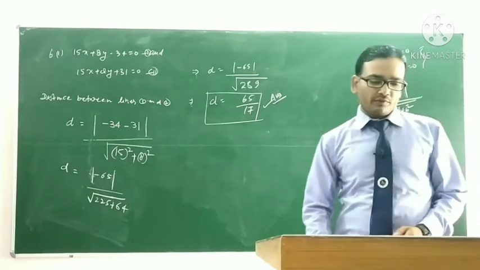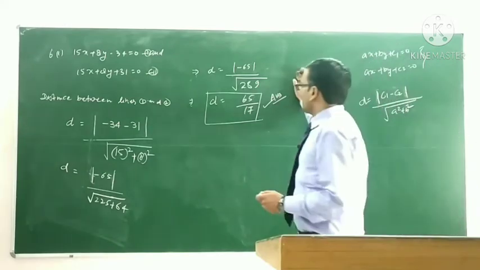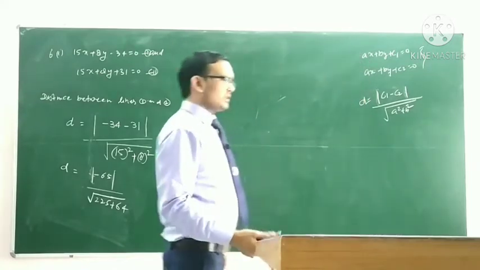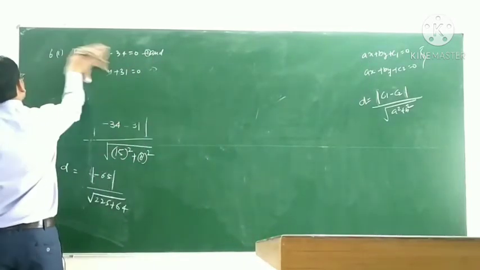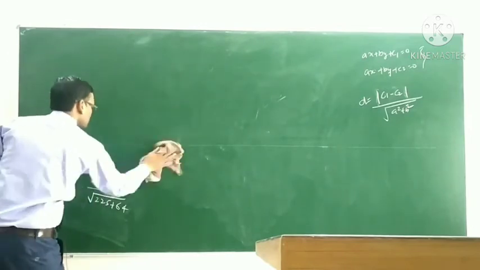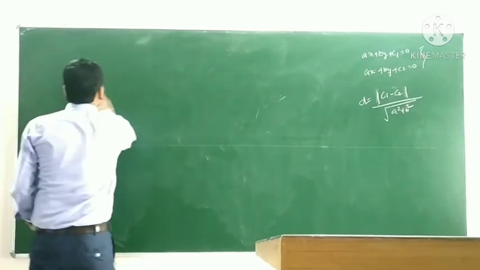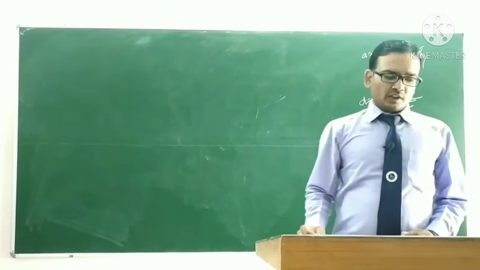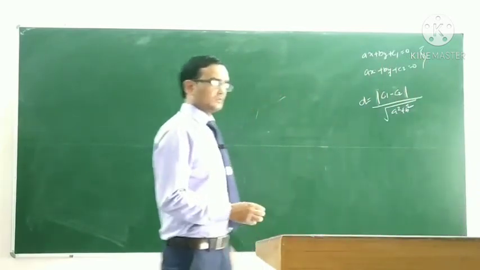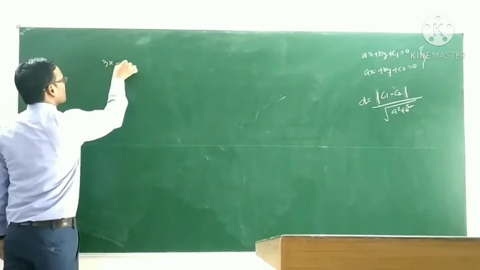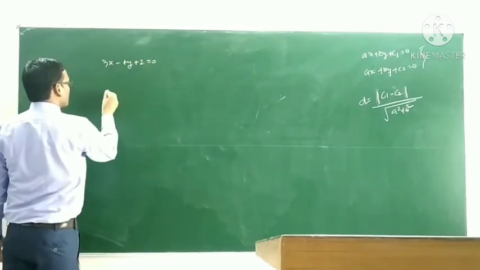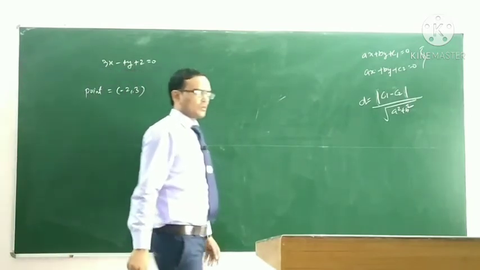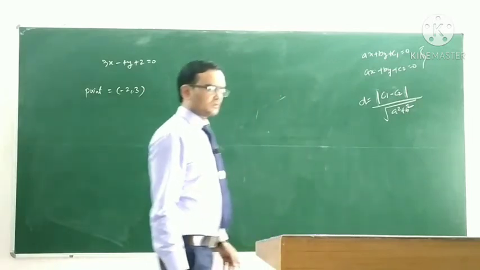Okay students, we find the equation of a line parallel to 3x minus 4y plus 2 equal to 0 and passing through the point minus 2, 3.